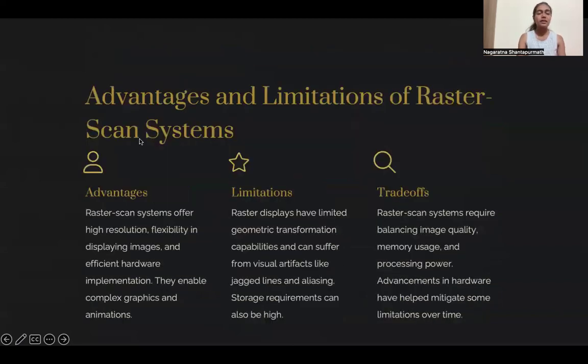It consists of both limitations and advantages. The advantages of these raster scan systems are that they offer high resolution, flexibility in displaying images, and efficient hardware implementation, and they also enable complex graphics and animations. The limitations of these raster scan systems are that they are limited in geometric transformation, the transformation capability is less, and they can suffer from visual artifacts like jagged lines and aliasing, and also require high storage.